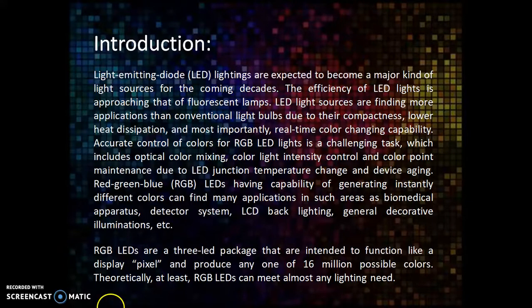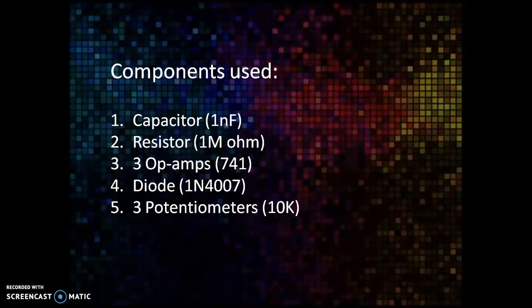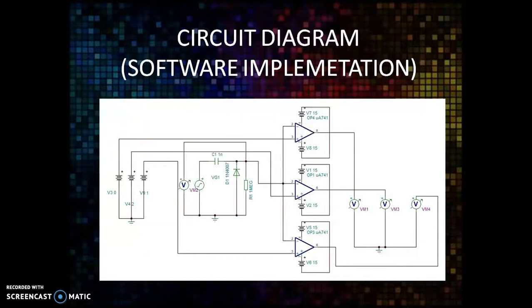RGB LEDs are a three-LED package that can function like a display pixel and produce so many colors, like we can generate 16 million possible colors by just using these three LEDs. The components we used in this project are a capacitor, resistors, 3 op amps, a diode and 3 potentiometers. And this is the software implementation of the circuitry.